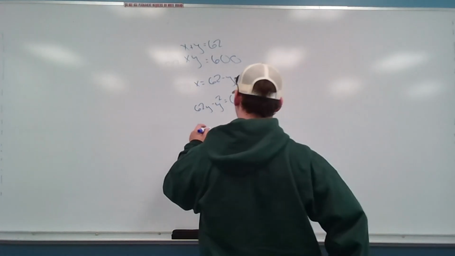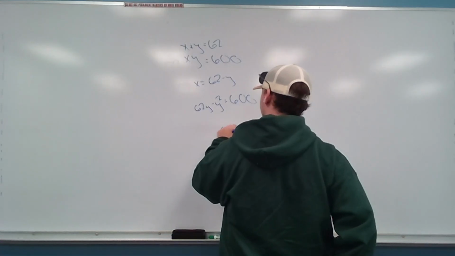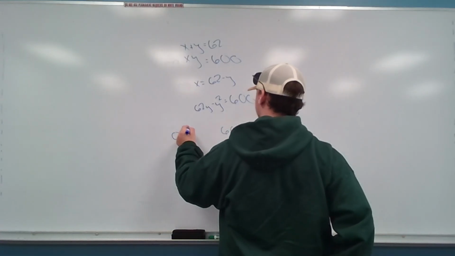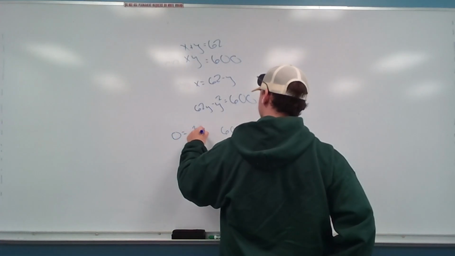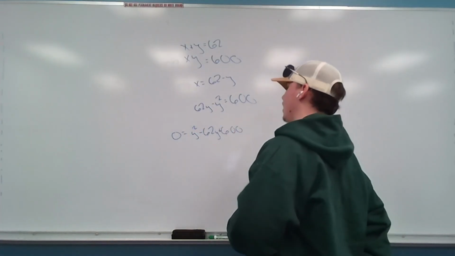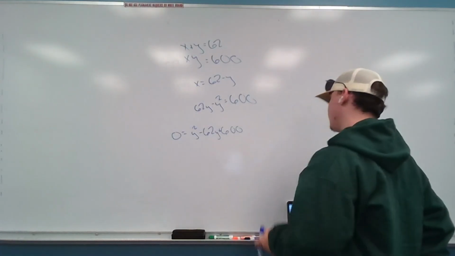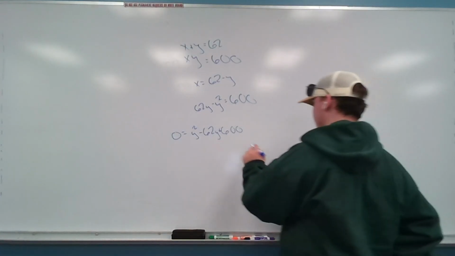So we get 0 equals y squared minus 62y plus 600, and then you would probably use the quadratic formula.